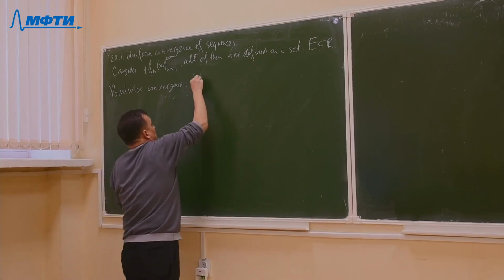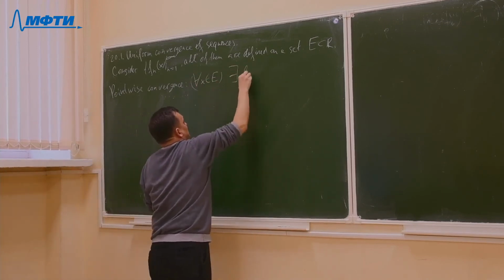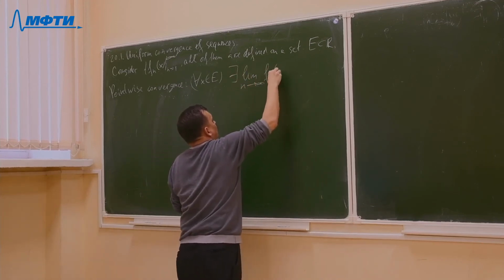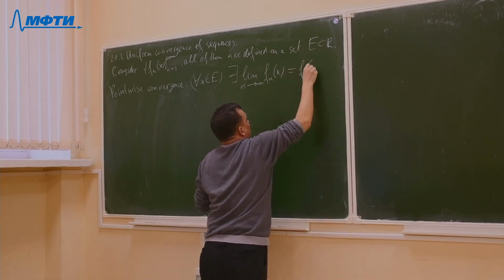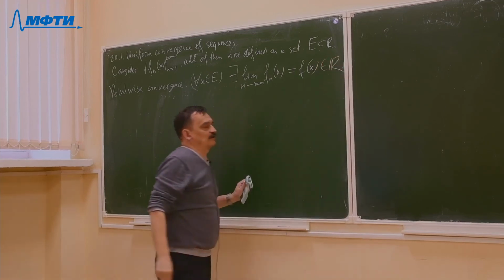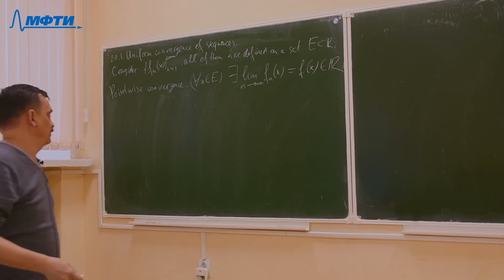For arbitrary x in E, there exists a limit. That is pointwise convergence. Let it be f of x, belonging to R. So we have pointwise convergence.